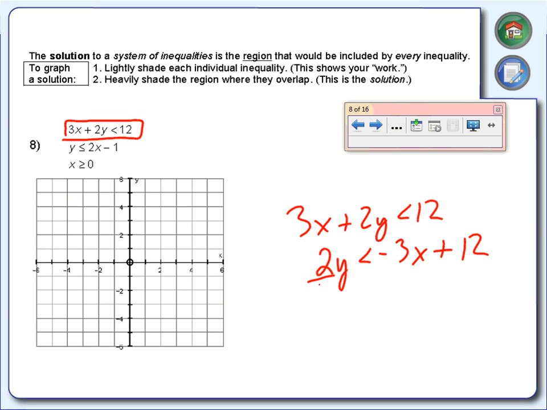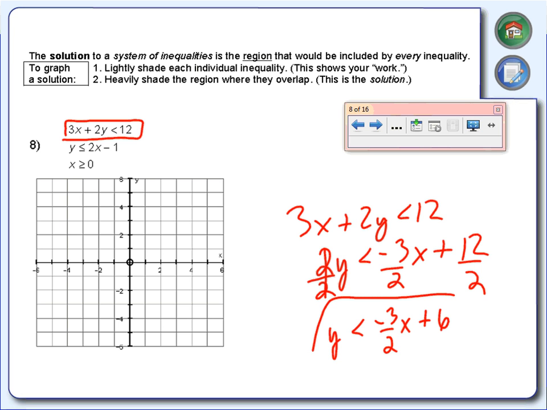And then from there, I'll go ahead and divide by 2. -3 over 2 can't be reduced, so I'll just leave it -3/2. 12 divided by 2 is a 6. So here's what we're going to be working. That's the first inequality. That's the slope-intercept form.